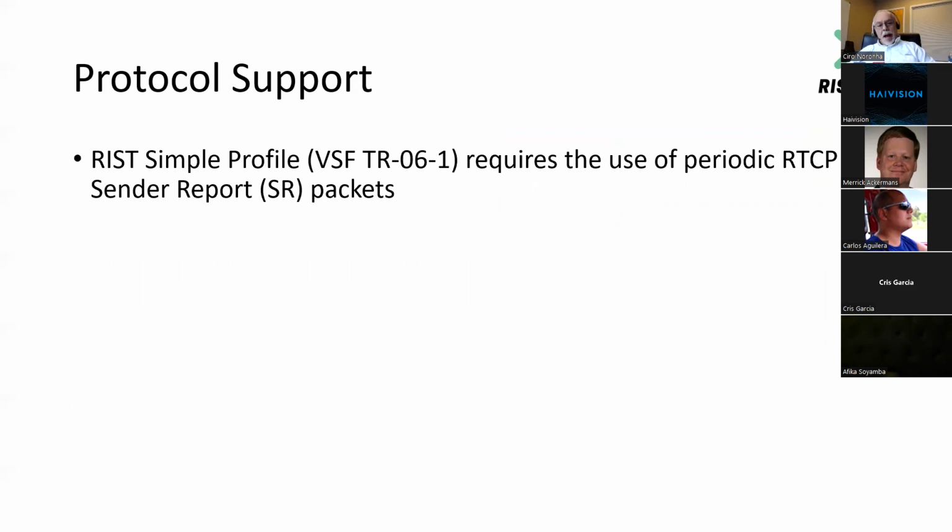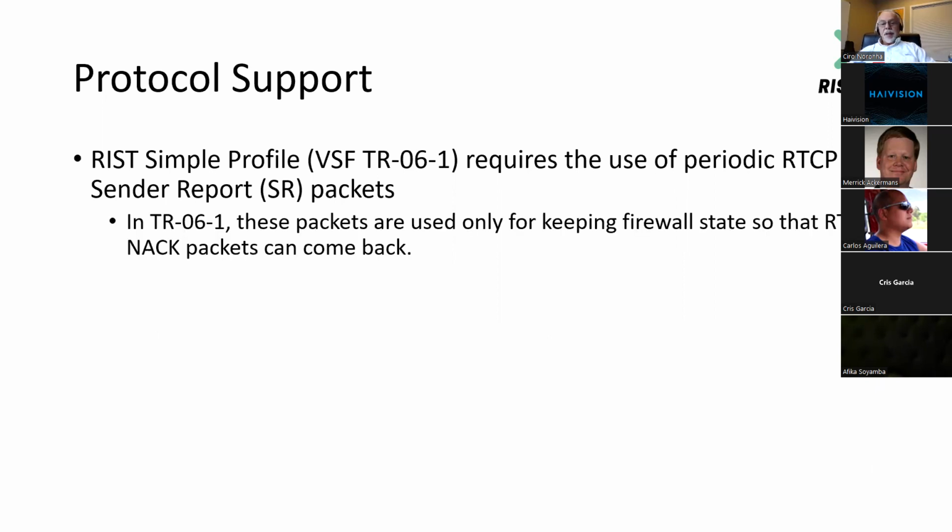How do you do that in the protocol? It happens that we already had what was required. You don't need to go to anything other than simple profile. This is a simple profile thing. Simple profile already has RTCP sender reports. Now, in TR-06-01, they're only used for keeping firewall state.